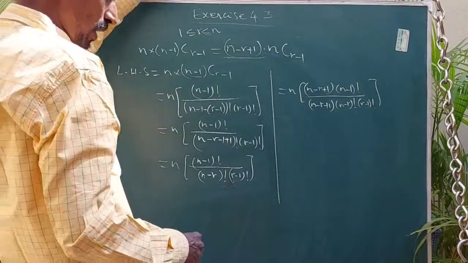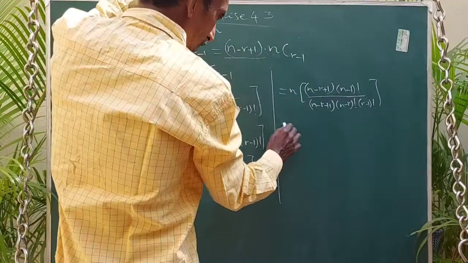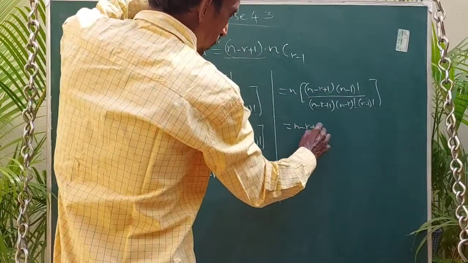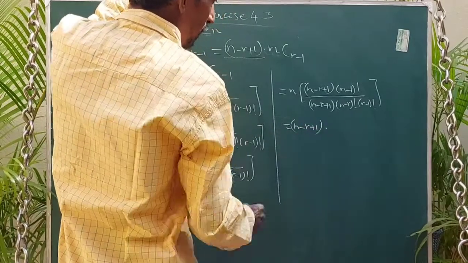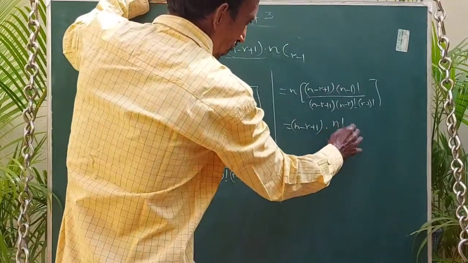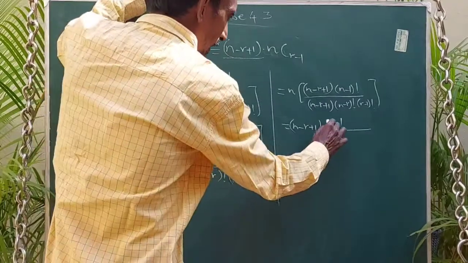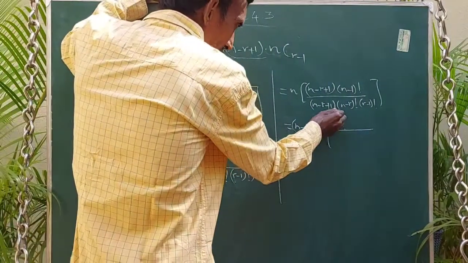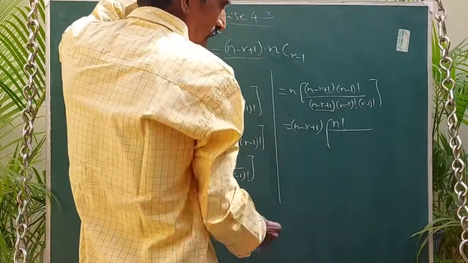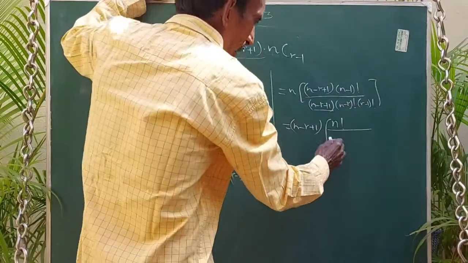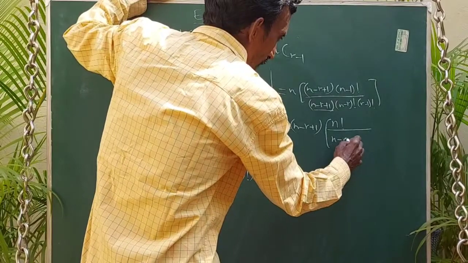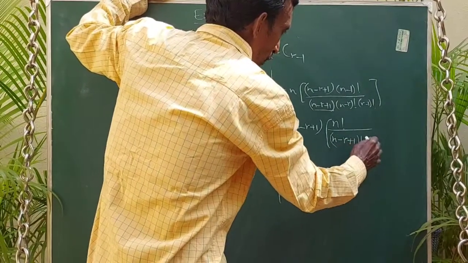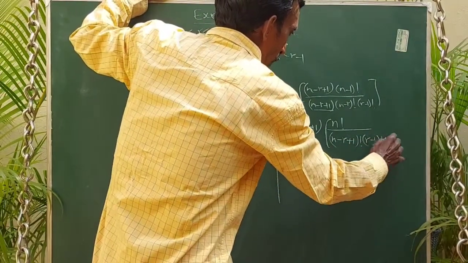Listen my dear student, take this n minus r plus 1 outside. n into n minus 1 factorial is n factorial. And the denominator n minus r plus 1 into n minus r factorial is n minus of r minus 1 factorial, into r minus 1 factorial.